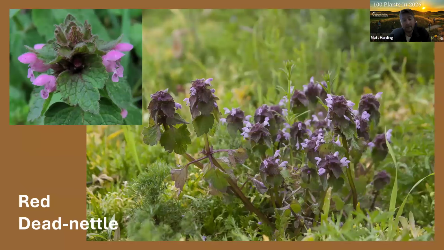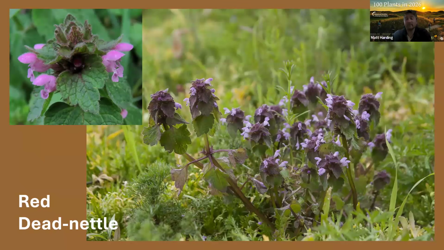This little chap is still widespread. This is the red dead nettle with these lovely flowers with drooping lips and little hood over the top, nice furry leaves, but they don't sting. They're a dead nettle, no stings, hence the name. The flowers really are pink rather than red, and that's quite an interesting feature, which is that the word pink wasn't used to describe colour until the 17th century.